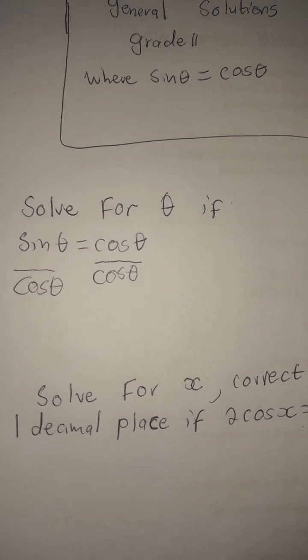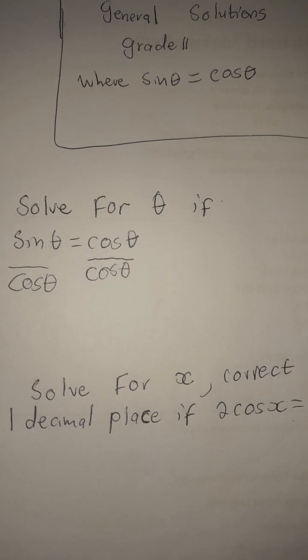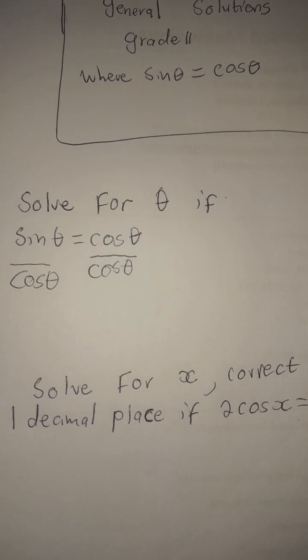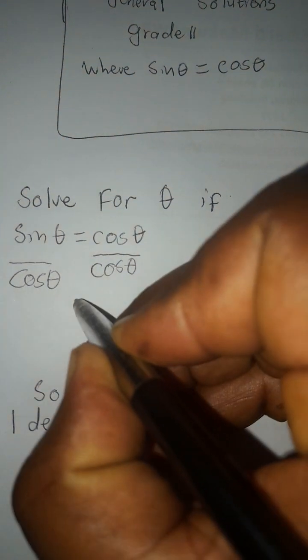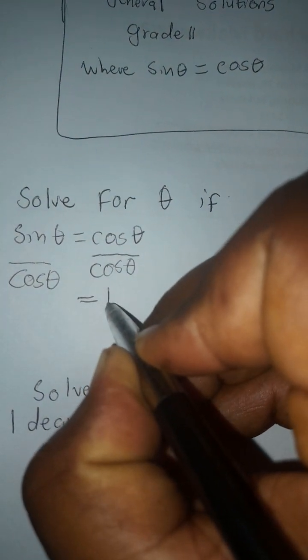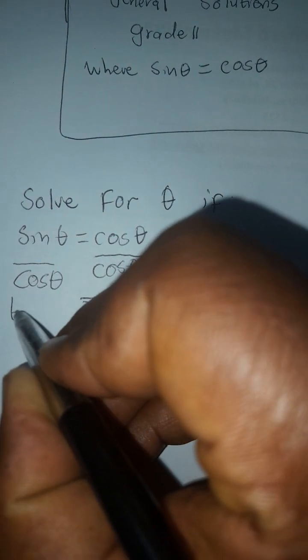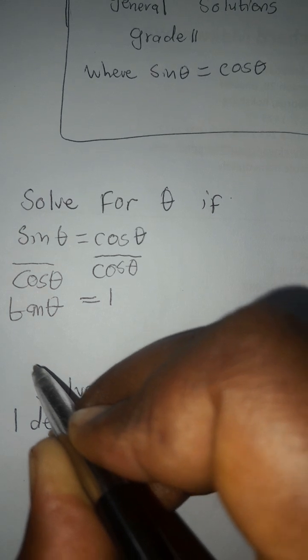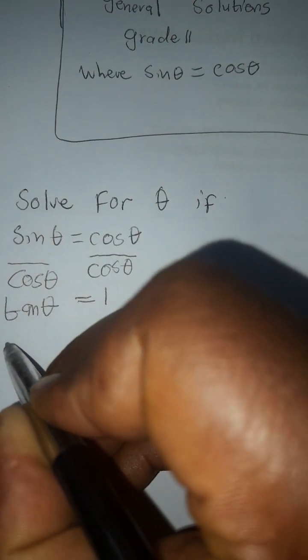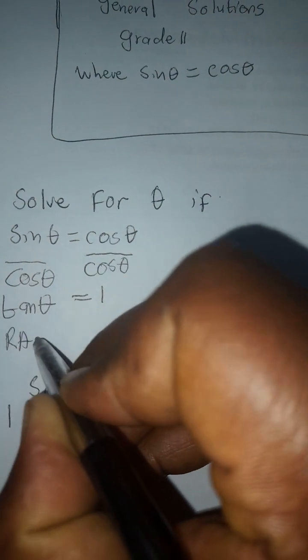I hope you are learning. After dividing, we know that cos all over cos will give us 1, the one thing for sure that we know. But sine all over cos will be tan theta. So tan theta is equal to 1. So we need to find a reference angle, RA.